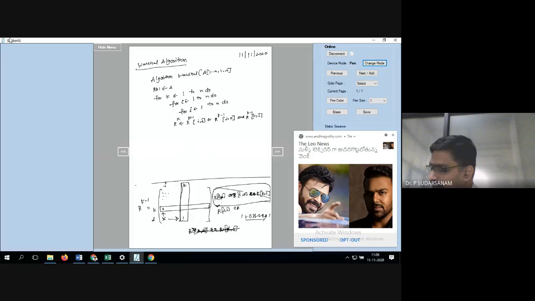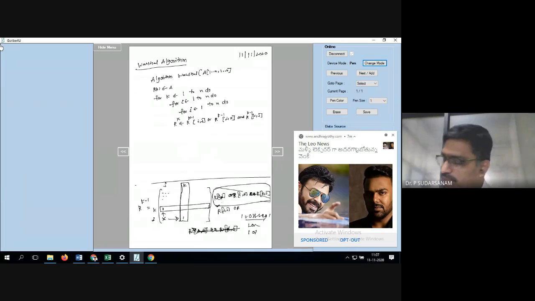If you have 1 OR 1, directly you can take it as 1 only. No need to consider the selected row and selected column. Yesterday I stressed it: when you are writing any element, the selected row and selected column you have to take. This is your program.